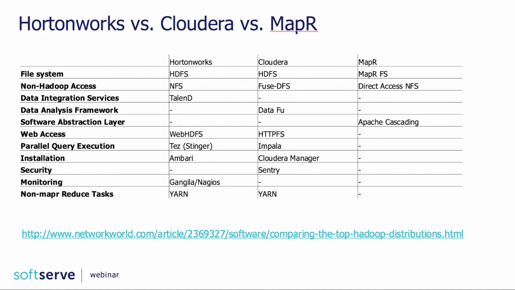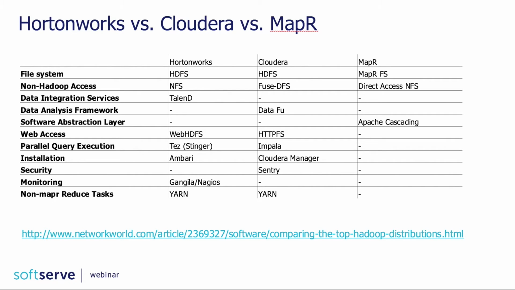For instance, if you really want data integration out of the box, Hortonworks provides it, while Cloudera and MapR might not have a sufficient tool set. At the same time, if you want a very solid file system which is highly replicated, full of enterprise features, replicated across data centers and so on, then MapR has probably one of the best file systems in this field. And if you're looking for security, Cloudera probably invested more than others in security, with Sentry, with Kerberos and stuff like that.